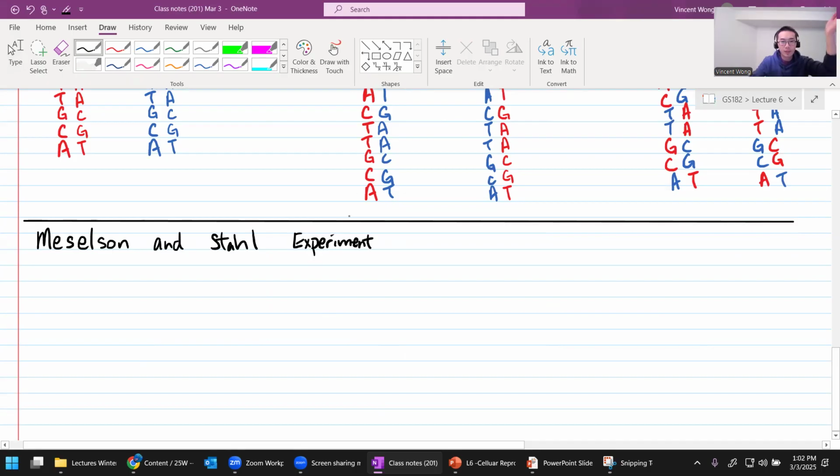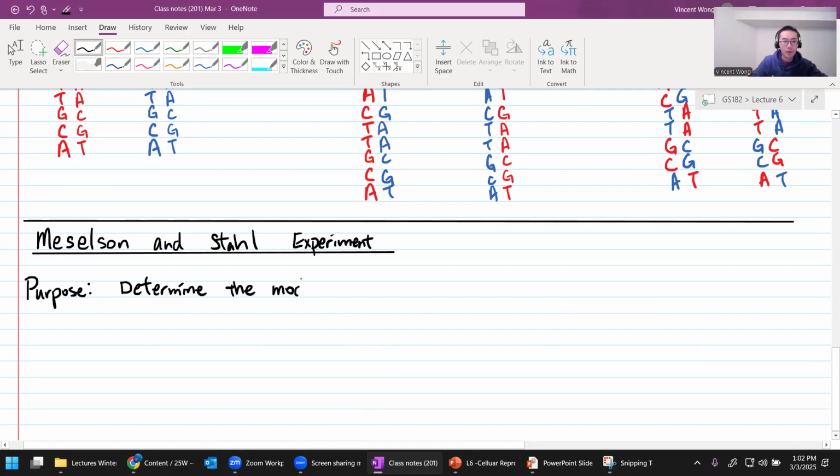The other two people were Hershey, like the chocolate, Hershey and Chase. And what's the purpose here? The purpose of the Meselson and Stahl experiment is to determine the model of DNA replication. Is it conservative, semi-conservative, or dispersive?